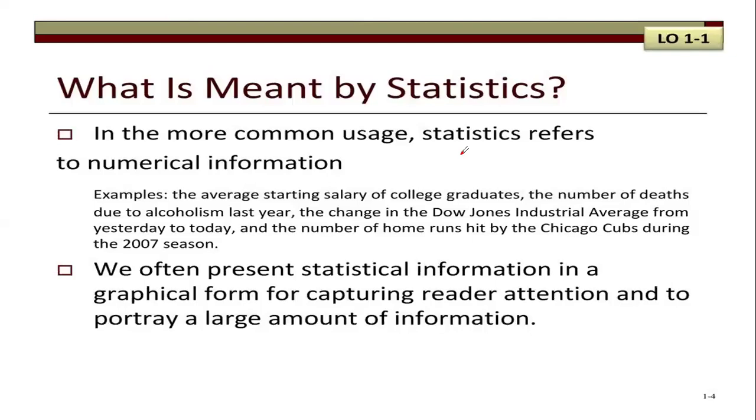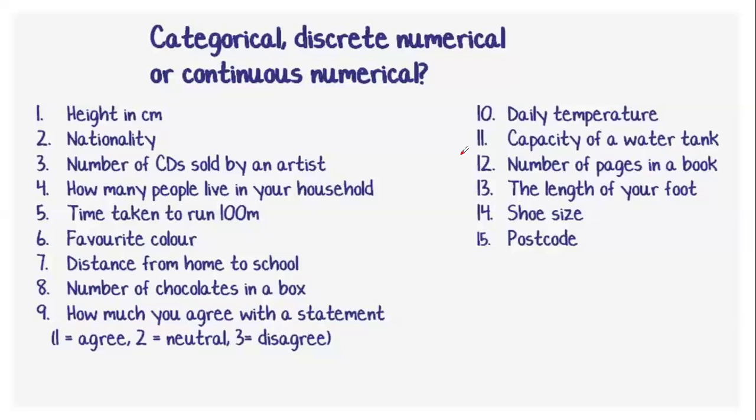Your height is numerical information because it has a number attached to it, right? So here, height will be numerical information, and the temperature will also be numerical information. So that's what statistics is if you base it on the first concept, which is just a numerical fact.